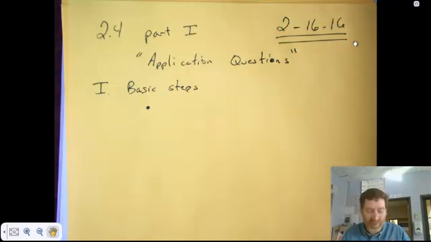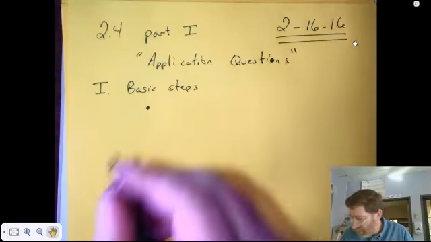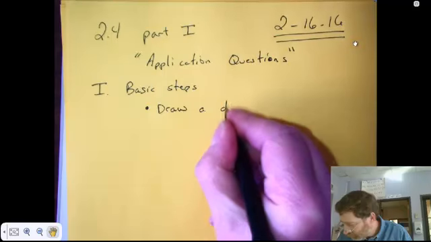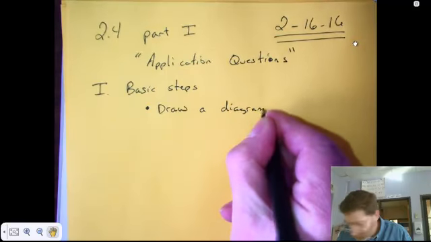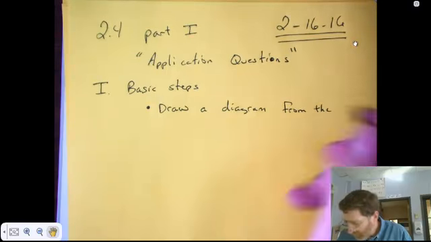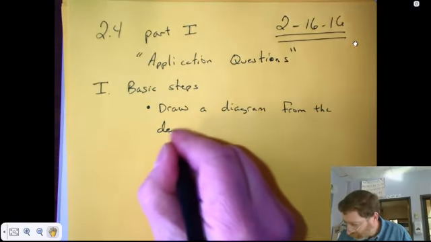First and foremost, you want to try to draw a diagram from the description. And sometimes that's the hardest thing to do, is to get a diagram that matches the description. Some of the questions will have a diagram, and that certainly does help. You want to draw a diagram from the description.